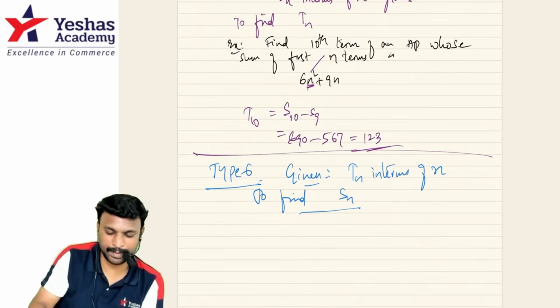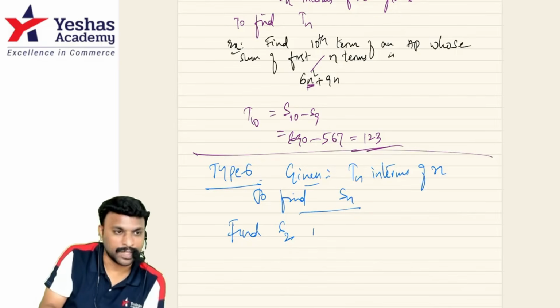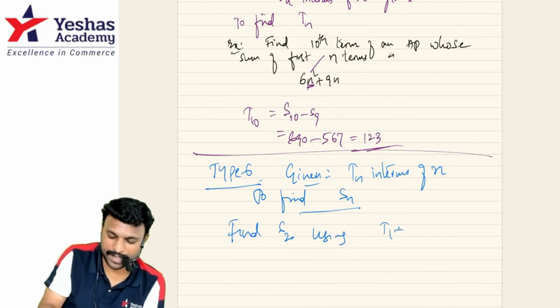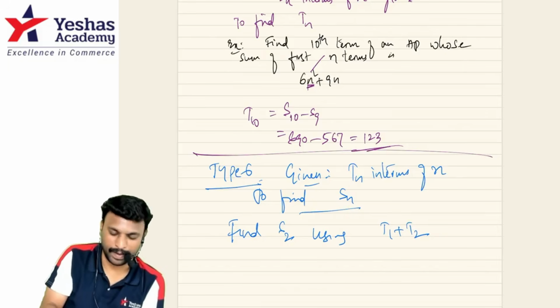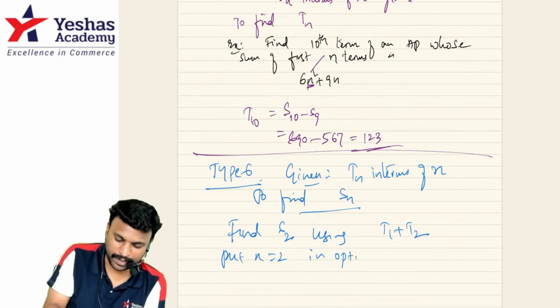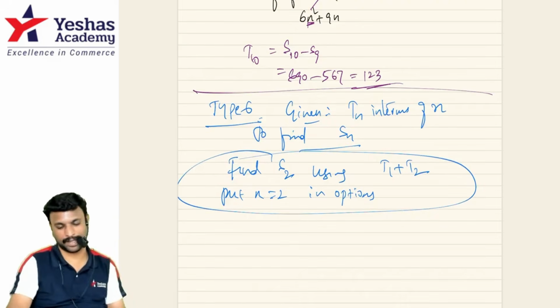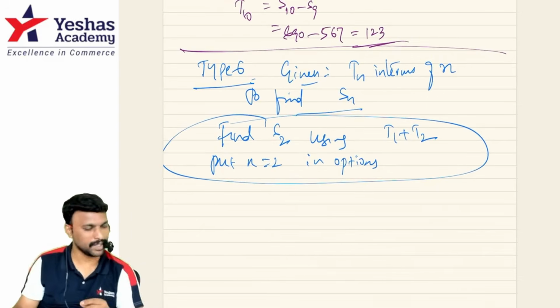Sn. What you will do for type 6 question? Don't find Sn. Find S2 using T1 plus T2, then put n equal to 2 in the options. This is what you'll be doing for type 5, 6 questions. I'll give you options.